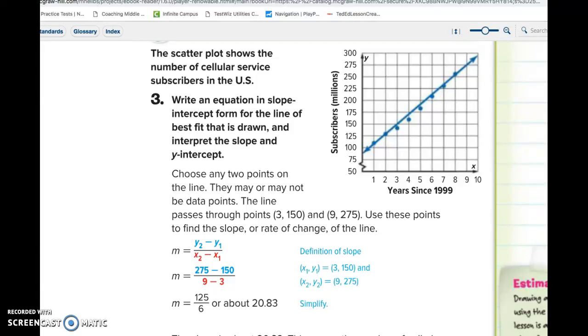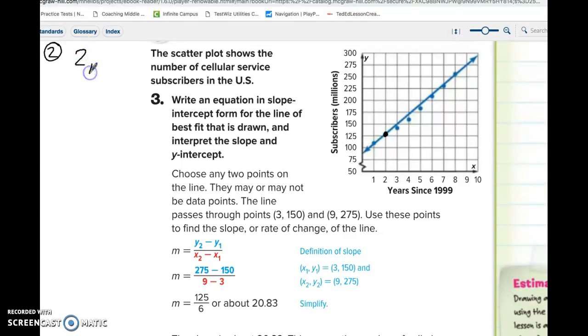Number 2 on our notes is we need to select 2 points on this graph. I would select the points that are easy to determine the x and the y. So for example, if I go up to 2, I know exactly right there the x and the y, right? That point is what? 2, 125.